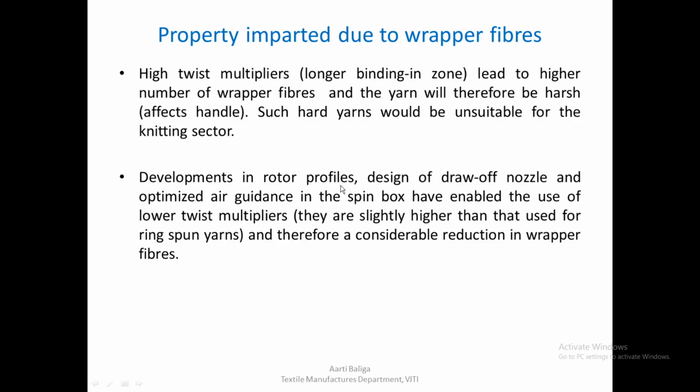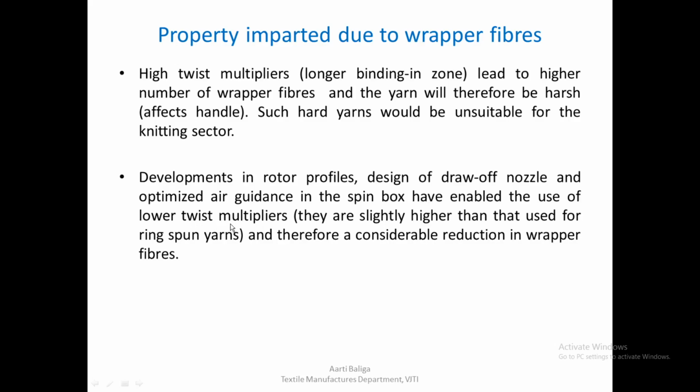Developments in rotor profiles, design of draw-off nozzle, and optimized air guidance in the spin box have enabled the use of low multipliers. Now, we have seen during our processing, when we learned processing, that we can have a change in the rotor profile, we can change the draw-off nozzle type, the design of it, and because of optimized air guidance, now we can really control all of this, and this helps us in making yarns with low twist multipliers.